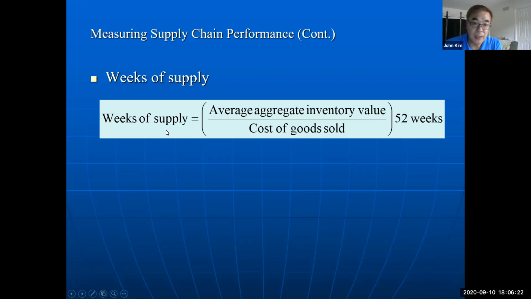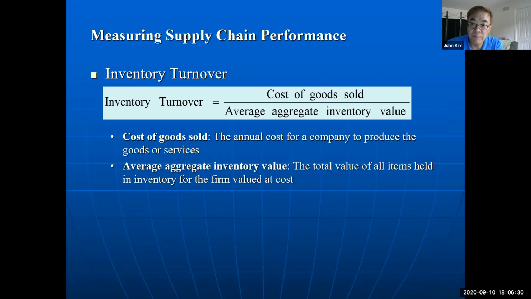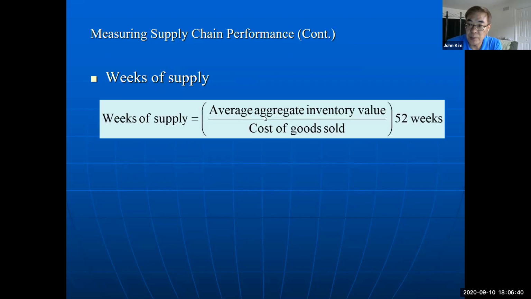Weeks of supply is average aggregate inventory value divided by cost of goods sold. This one is like a flip of inventory turnover: numerator and denominator flipped over, and then times 52 weeks, because a year is 52 weeks.